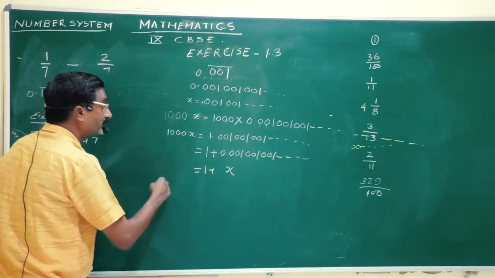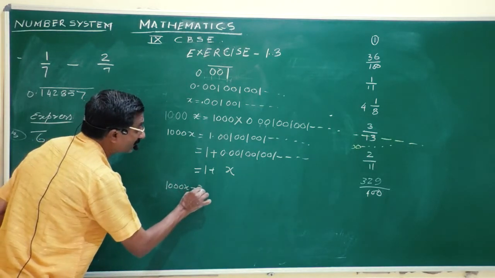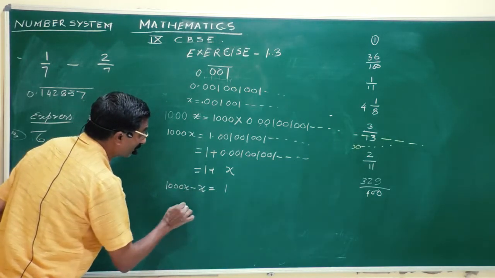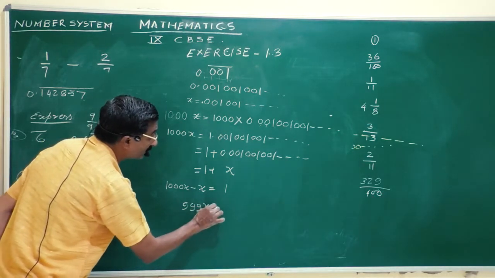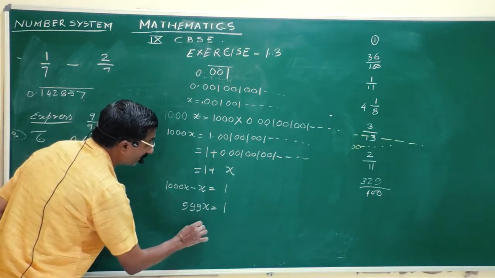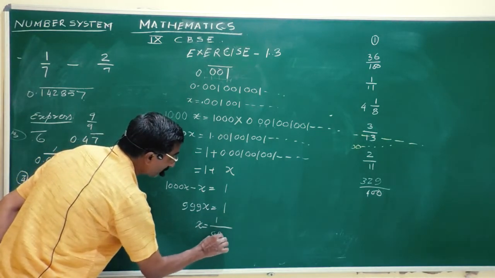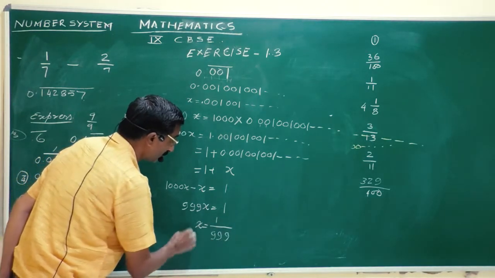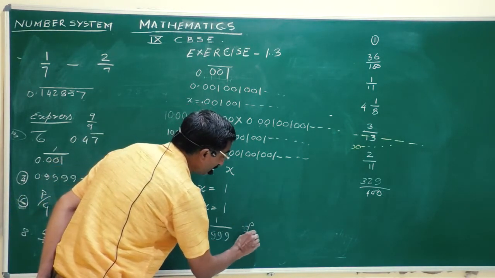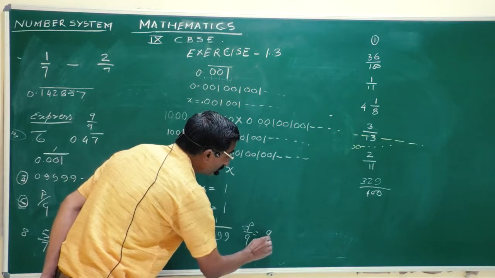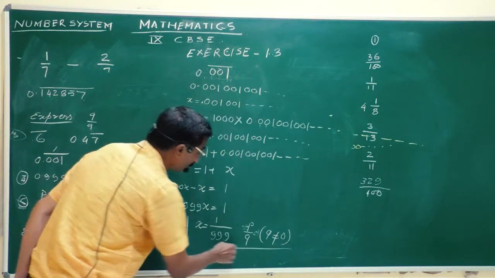So 1000x minus x is equal to 1, so 999x is equal to 1. So x is equal to 1 upon 999. This is in the form of P by Q, where Q is not equal to 0.